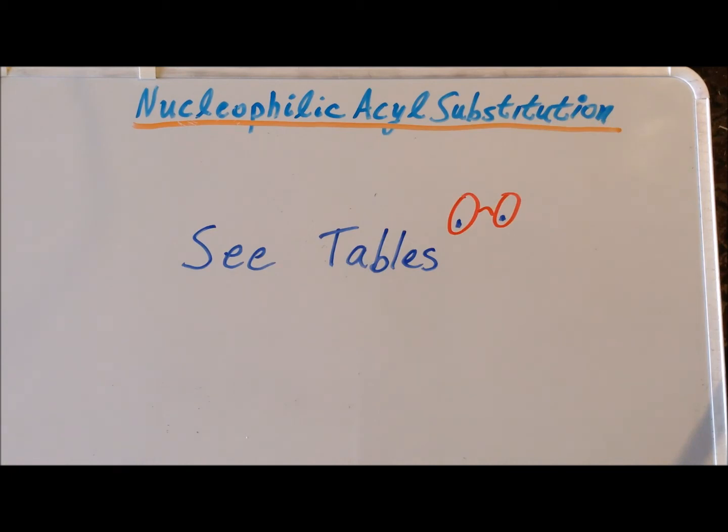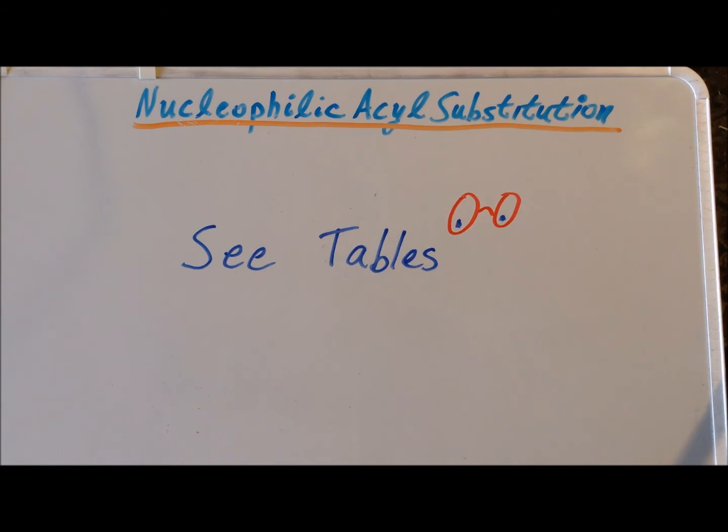And the important thing to notice is that the energies of activation for the acid chlorides are on the order of 14, 15, or 16 kcals per mole, whereas the energies of activation for the chloroalkanes are 41 or 42 kcals per mole.